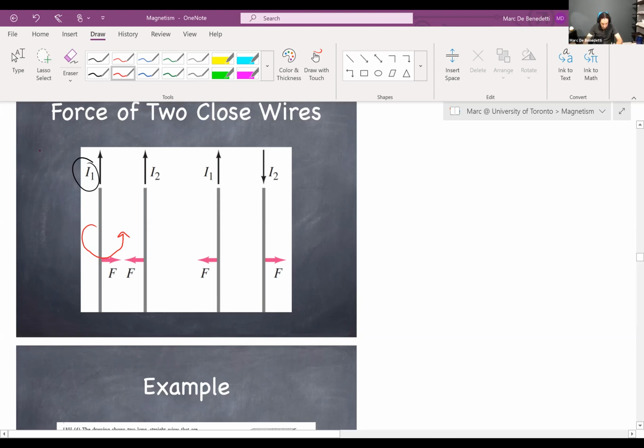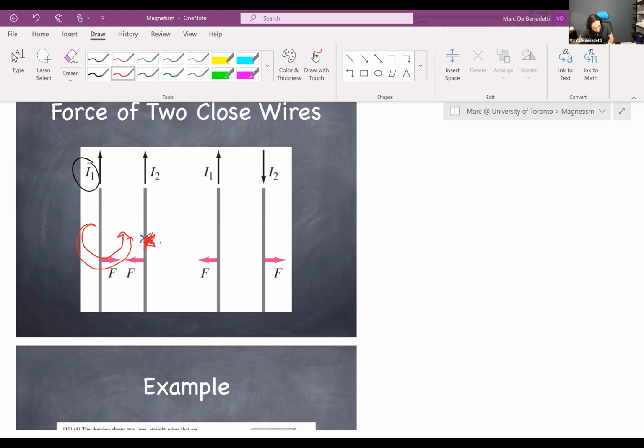And the B field, with concentric circles, the B field at a location directly to the right of it, we're going to get these sort of concentric circles, and the B field is going to point into the page at that location.